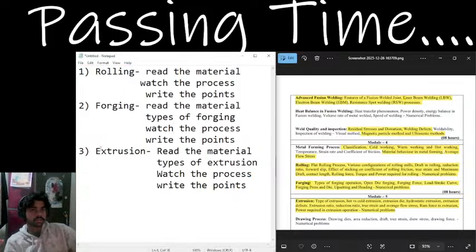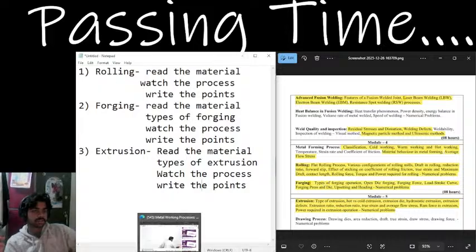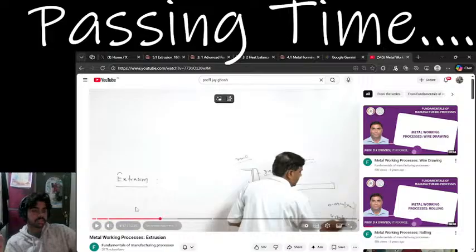I should complete this extrusion part first so that I get more done. Numerical problems are not going to be in rolling, forging, extrusion, we'll do these three. So the best bet I had was watching these videos to understand what actually is going on in extrusion.